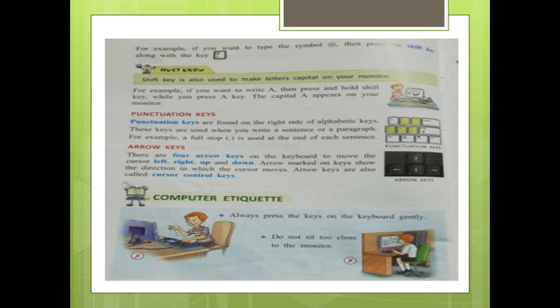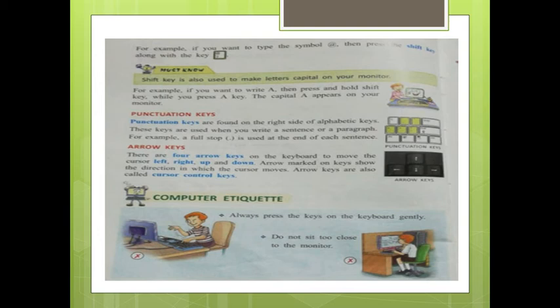For example, if you want to type the symbol at the rate of, we are using the at the rate of in IDs, Yahoo IDs, Gmail, other IDs, etc. Then press the shift key along with the key.